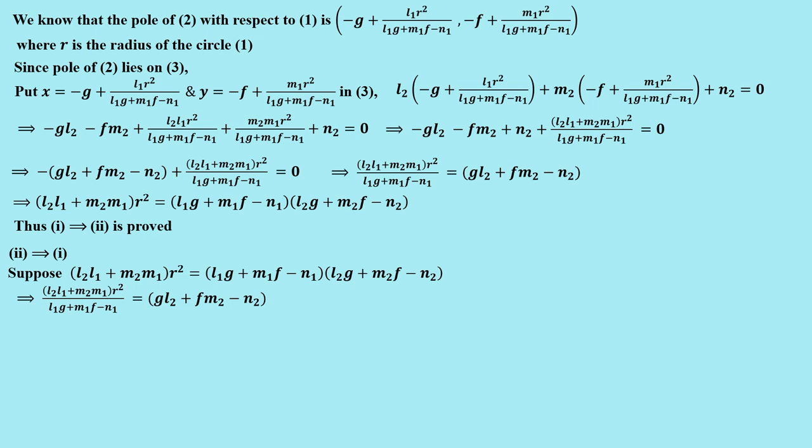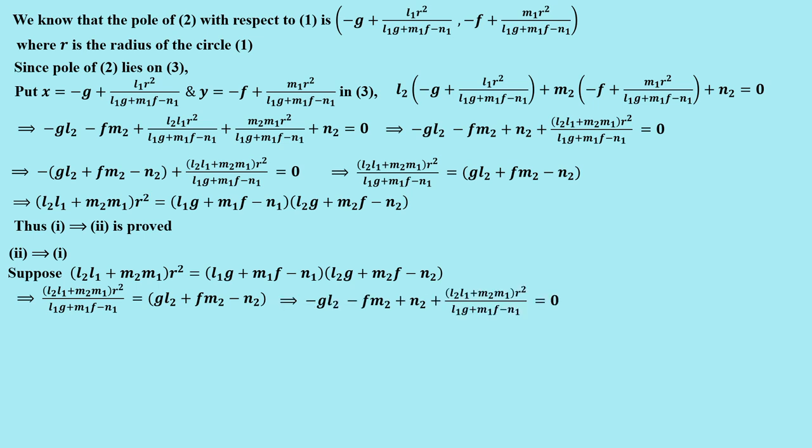1 is true. So we take L1 L2 plus M1 M2 r square divided by L1G plus M1F minus N1, which is equal to GL2 plus FM2 minus N2. We are taking that one term L1G plus M1F minus N1 from the right hand side to the left hand side, it will go to the denominator.